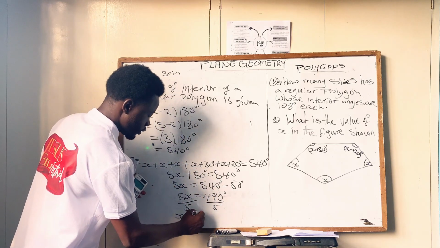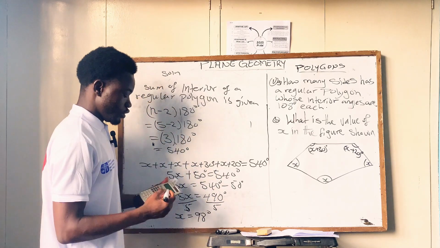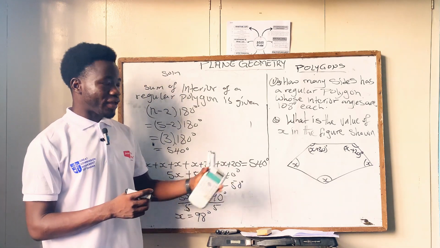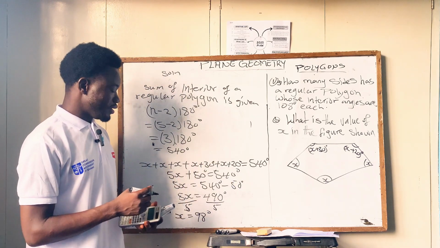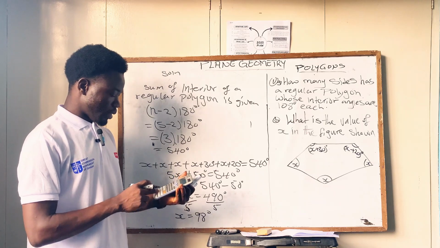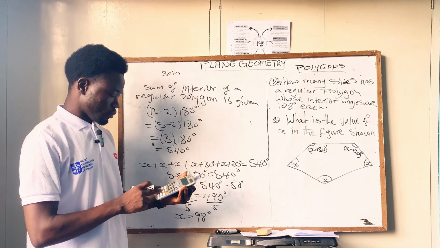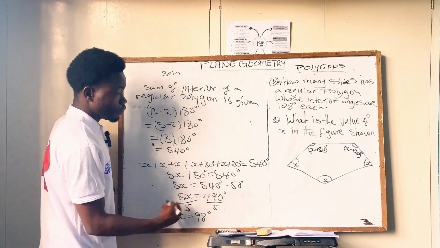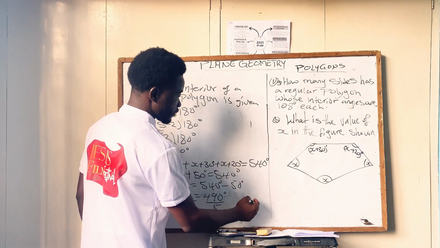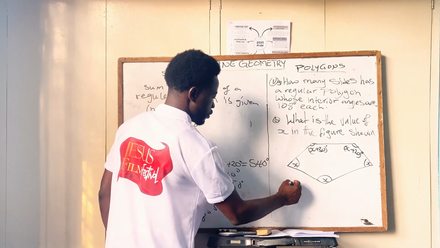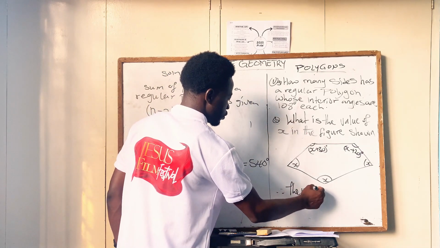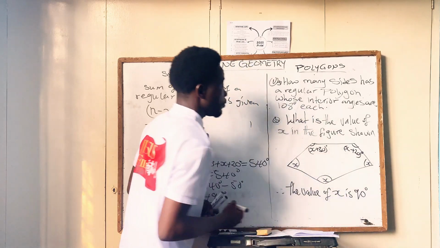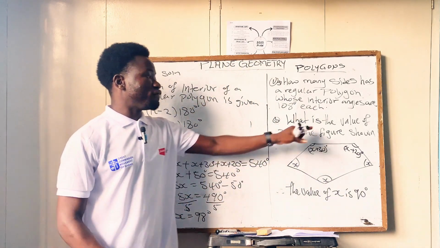So you conclude that the value of x there is 98 degrees. That's your conclusion. So therefore, the value of x is 98 degrees, because they are asking us to find the value of x.